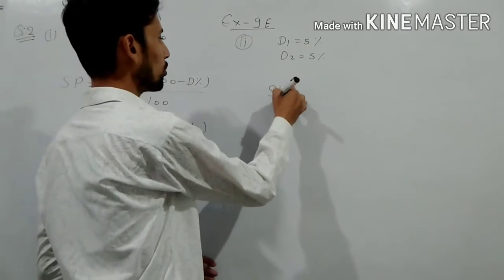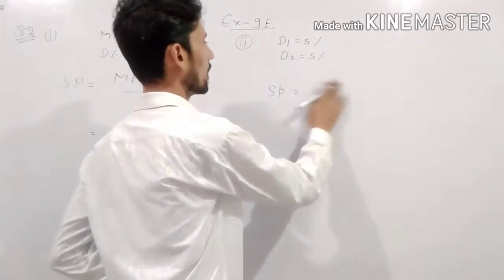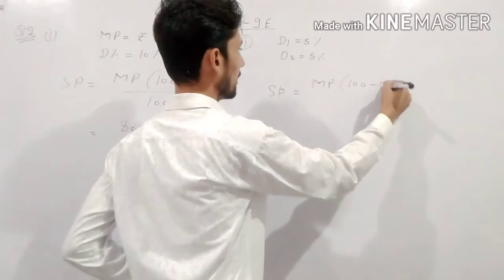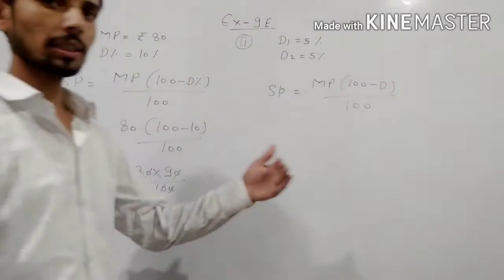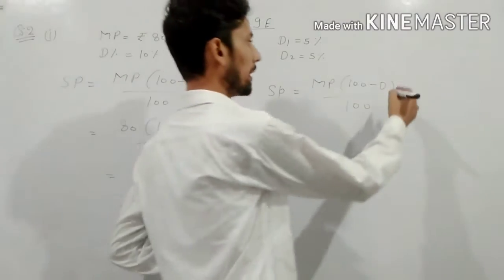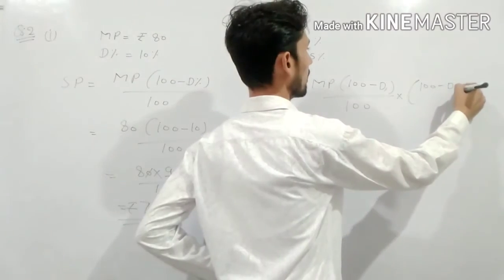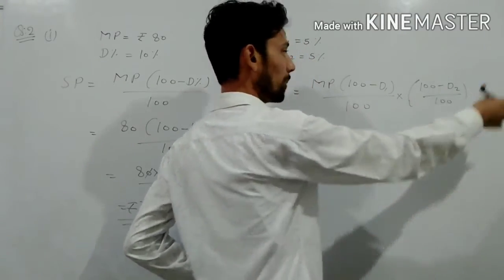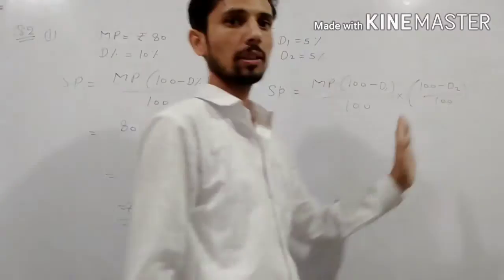We will use the same formula, MP into (100 minus discount percent) upon 100. But there are two successive discounts. So we will write the same as D1 and (100 minus D2) upon 100. If there are 3, we write one more, (100 minus D3) upon 100.